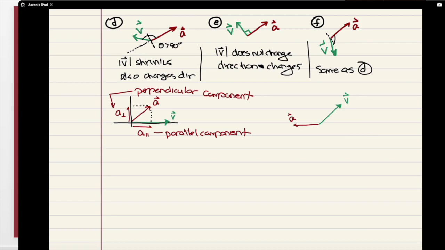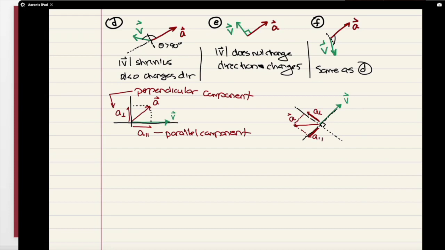I can imagine this as an axis that is along V, and then an axis that is perpendicular to V. And so as a result, there is a part of A right here, we'll call this A perpendicular, and there's a part of A that is A parallel.